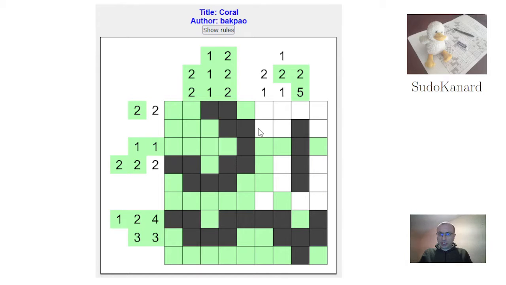Now this must connect, so it has to come out, must join this. And the way it joins can't be like this, because it would break the 2. So it has to join this way. So that's a 1.